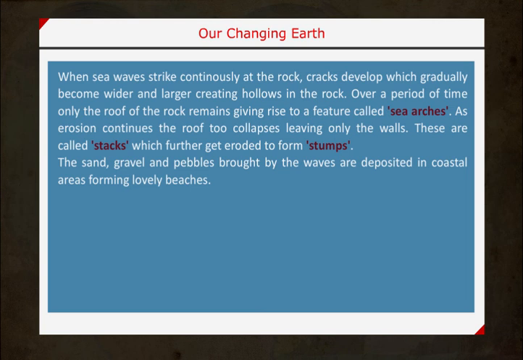As erosion continues, the roof too collapses, leaving only the walls. These are called stacks, which further get eroded to form stumps. The sand, gravel, and pebbles brought by the waves are deposited in coastal areas, forming lovely beaches.